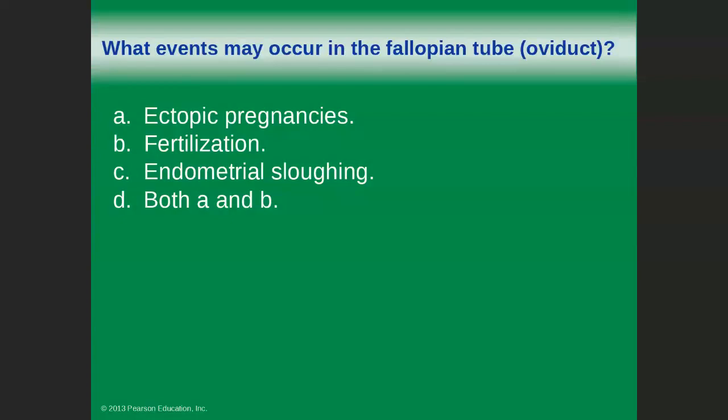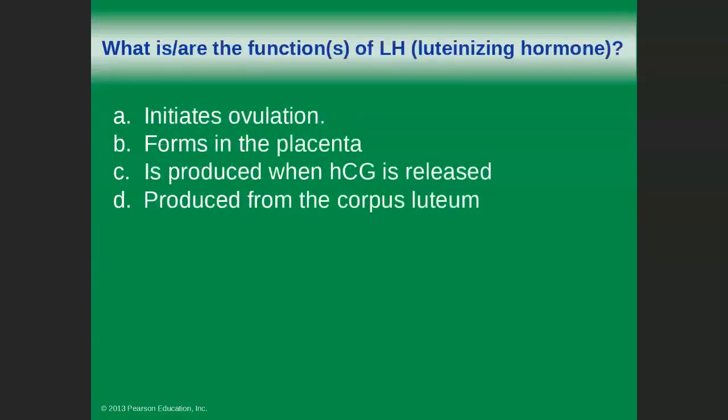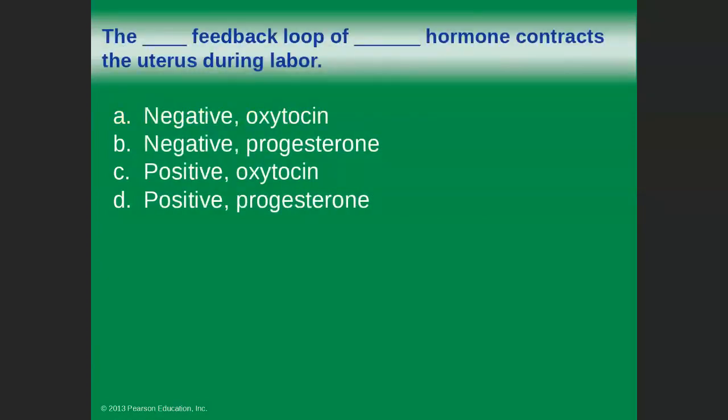Both A and B are true. Luteinizing hormone initiates ovulation. The positive feedback loop of oxytocin hormone contracts the uterus during labor.